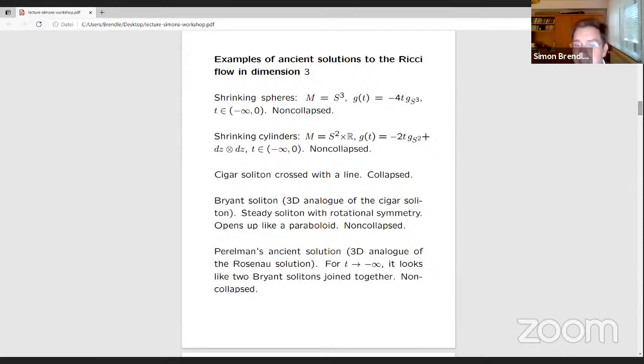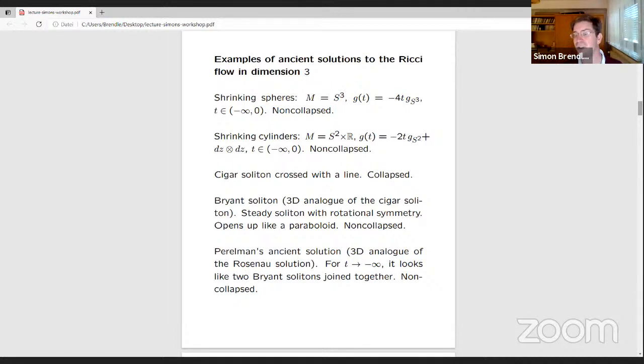Now there's another ancient solution, which is the 3D analog of the Rosenau solution. And this one is compact, like the 2D Rosenau solution. It's diffeomorphic to S3, and it has very similar behavior to the Rosenau solution.